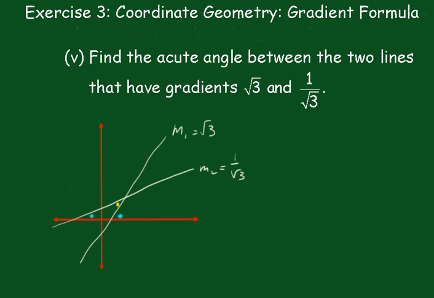Alright. So we'll call this one theta. This one's our alpha. This one's our beta. Now the tan of alpha is equal to 1 on root 3. And then when you work that out in your calculator, you get alpha is equal to 30 degrees, which you probably should know.